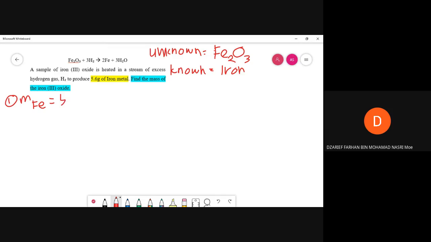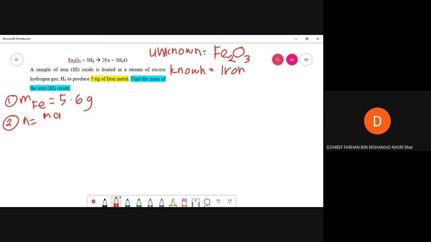Yes, 5.6 gram. Okay, and then you have to find number of mole. Formula you apa? Mass over molar mass.